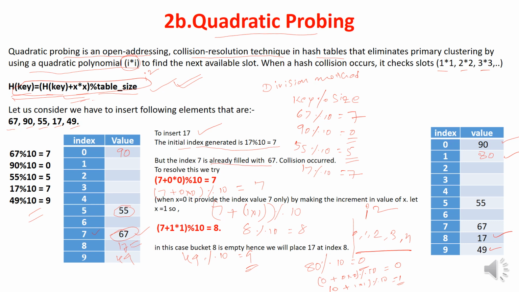I may vary from 0 to size minus 1: 0 into 0, 1 into 1, 2 into 2, 3 into 3, 4 into 4, etc. If the location is free, we store our new data item there without creating any linked list or any extra memory, which is called open addressing.